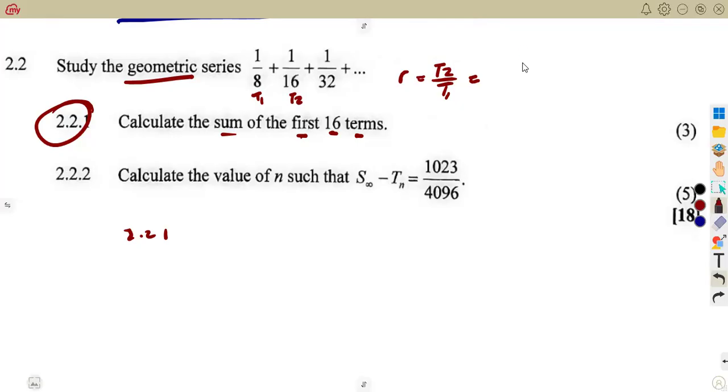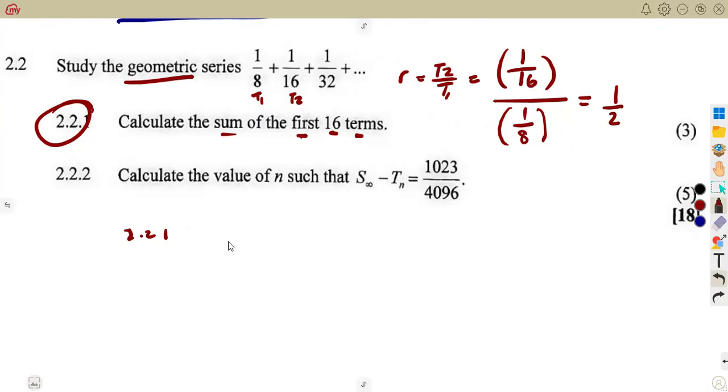So it means we can calculate R from there. Second term over first term, 1 over 16 like this, over, we are going to divide by what? 1 over 8. So make sure you use your calculator properly in that case. So this is 1/8. So that was going to give us 1/2 as the common ratio. By dividing these two, you've got 1/2, meaning to say our R is less than 1.